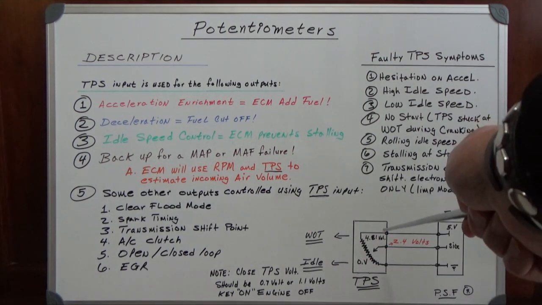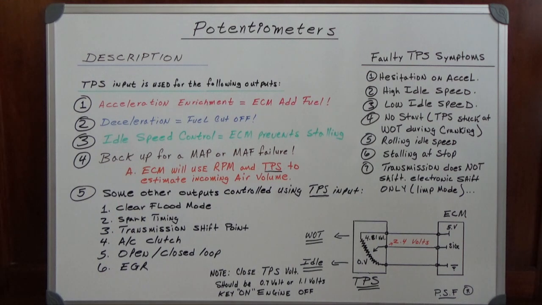Now this is a fixed TPS. When I say fixed TPS, it means there is no adjustment. There are some TPS that you can adjust, and you will know by the bolts, if you have room to move the TPS.